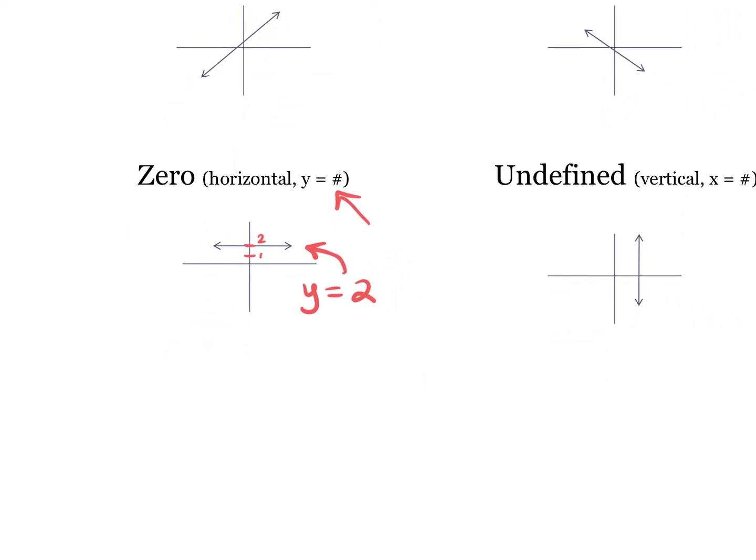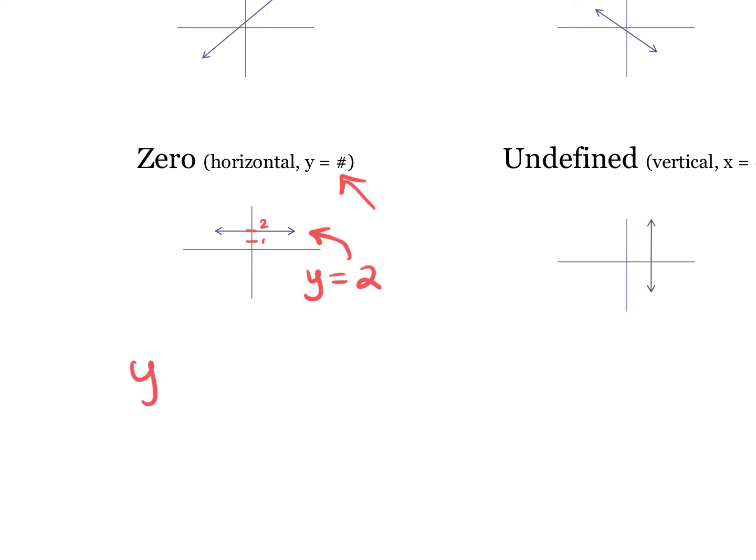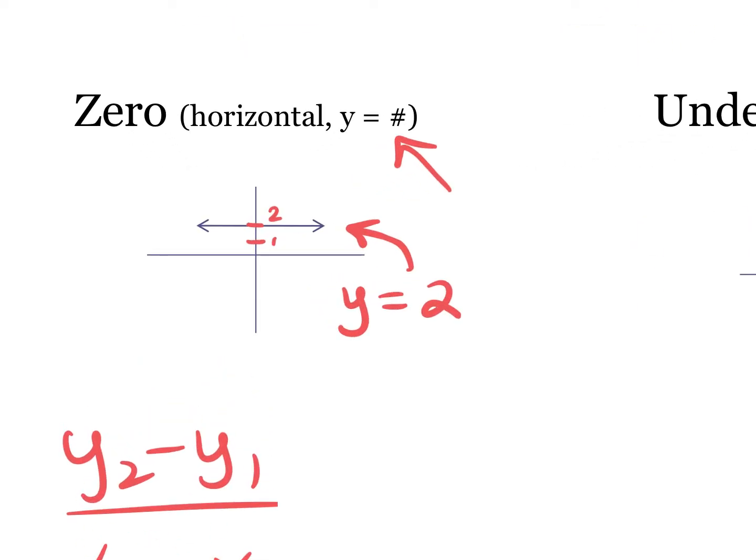Then let's say you did the slope formula, y2 minus y1 over x2 minus x1. Let's say we picked two ordered pairs that were on this line. Let's say I picked the ordered pair (0, 2). And then let's say I picked another one here, (2, 2).